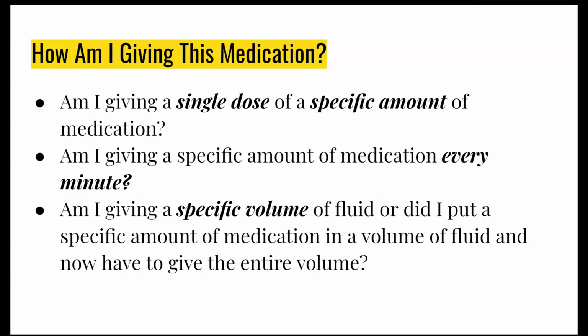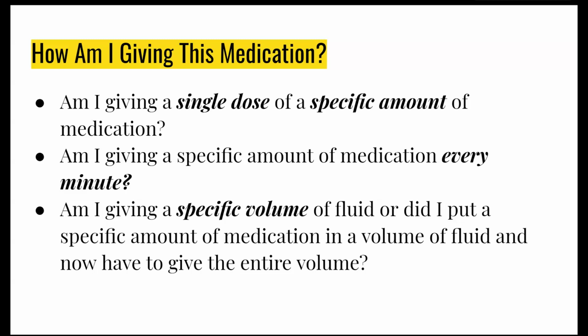If you look at the medications that you carry on the ambulance, if a patient needs Solu-Medrol, for example, that comes in a single dose vial of 125 milligrams in 3 mLs, so you're going to give them 3 milliliters. If you need to give epinephrine, 0.3 milligrams for an allergic reaction, that is coming in a 1 mL vial, so you're going to draw up 0.3 milliliters to give them the 0.3 milligrams.